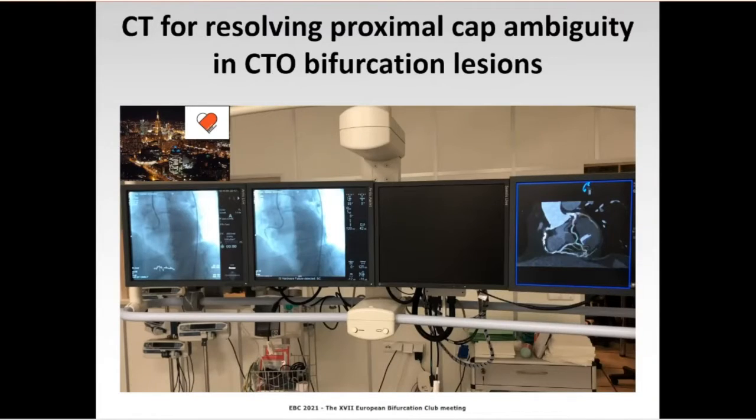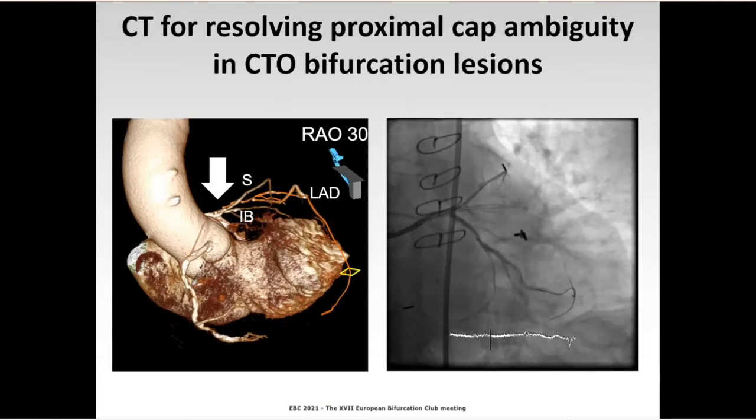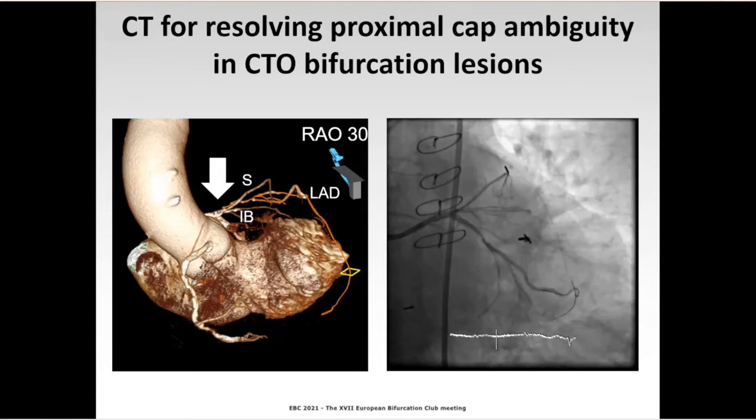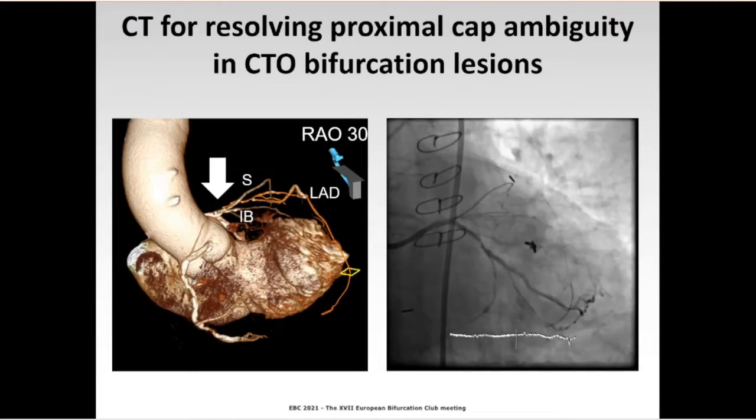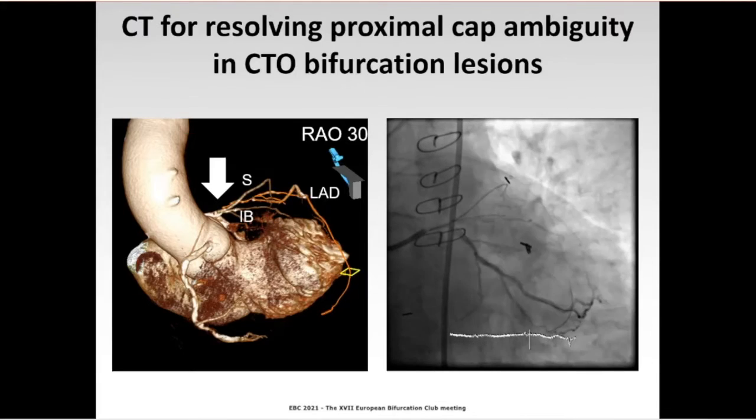Last but not least, coronary CT can be brought directly to the cath lab to assist in resolving proximal cap ambiguity in CTO intervention. Here you can see a complex CTO LAD flush occlusion in a post-CABG patient that couldn't be resolved by coronary angio despite dual catheter injection.